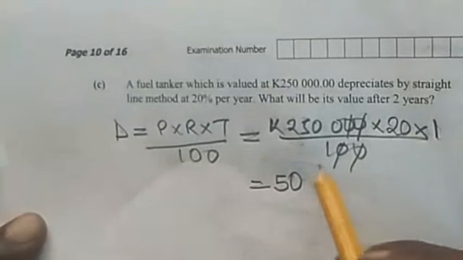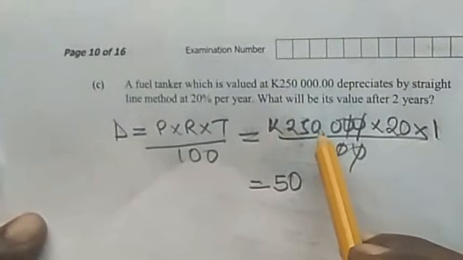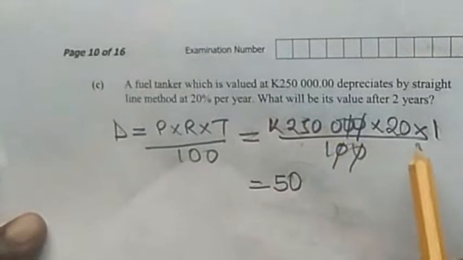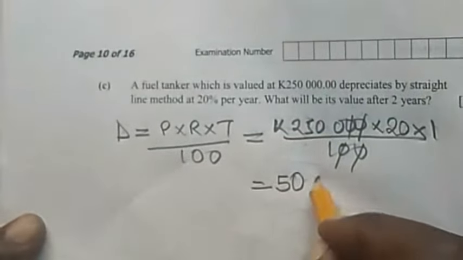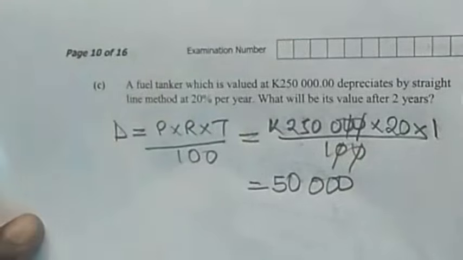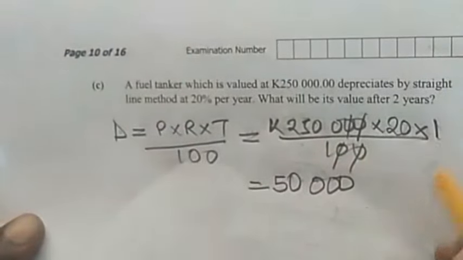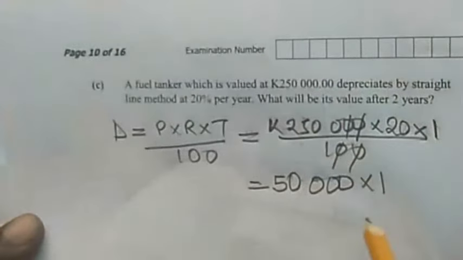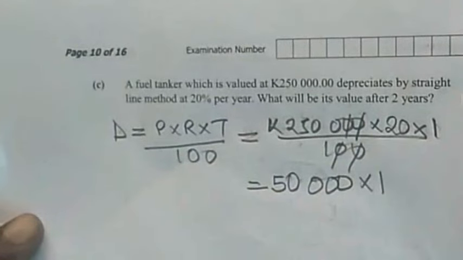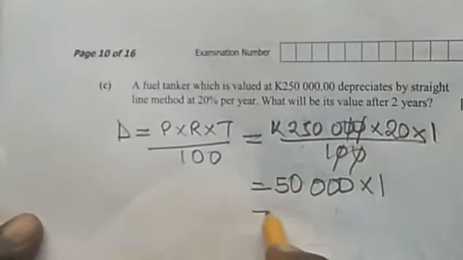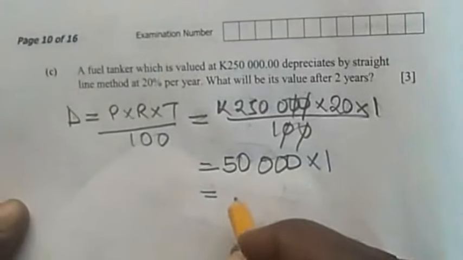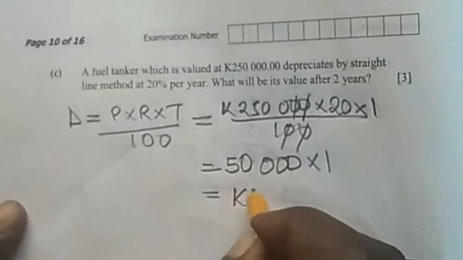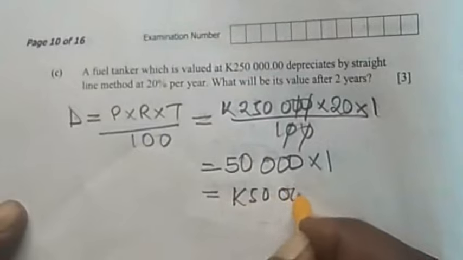How many zeros did we ignore? 1, 2, plus this one on the 20 side, 3. So we put 3 zeros and come up with 50,000 multiplied by 1. The 100 we have dealt with, so the depreciation was 50,000 per year.